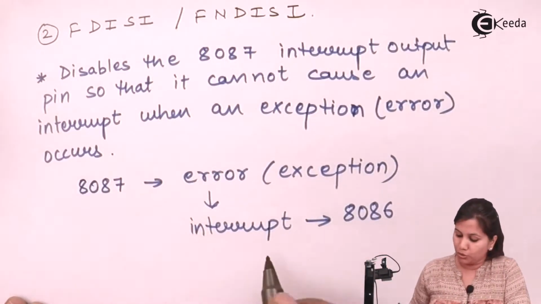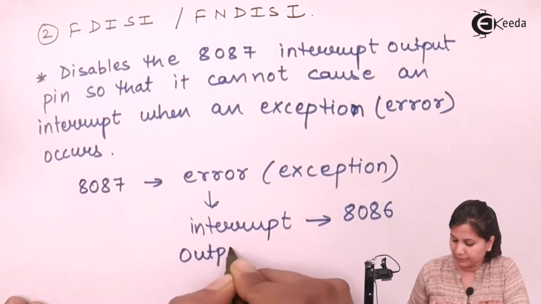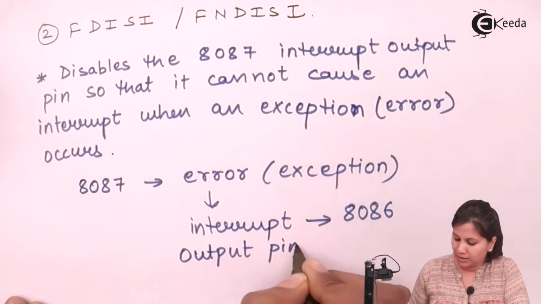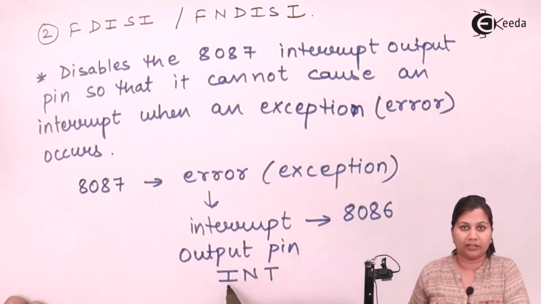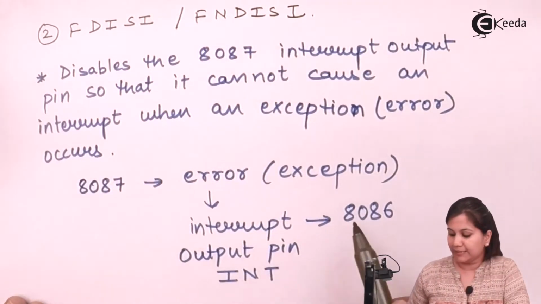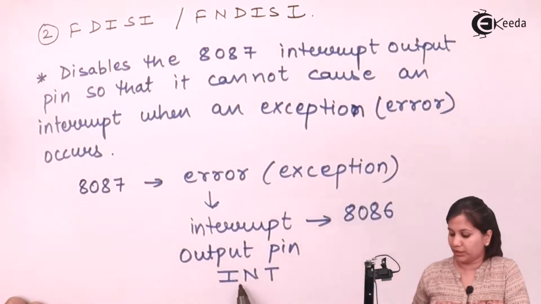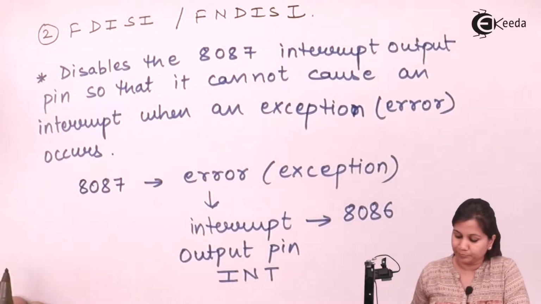So how is it going to interrupt? There is an output pin called INT of 8087. This pin becomes high, and since this pin is connected with 8086, it is going to interrupt the main microprocessor 8086.